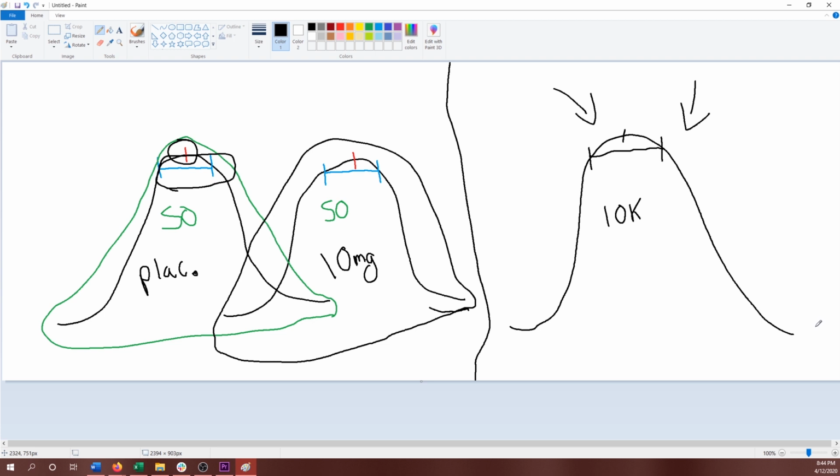You'd have to be way down in the tail somewhere over here and pull all of your people from there to get this distribution. So it's very unlikely. That's why the p-value is low: it's a really small probability that you'd get this group by pulling it from this group, which is likely where this group came from. So that's the p-value.